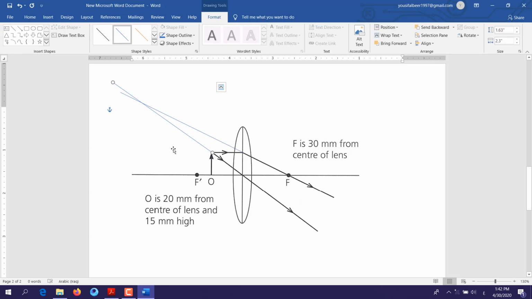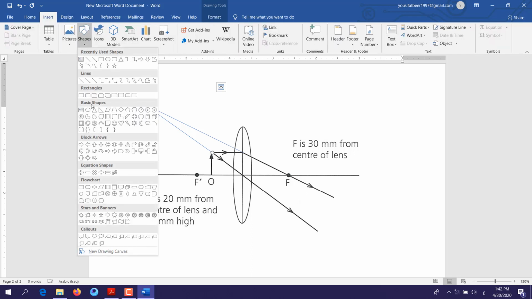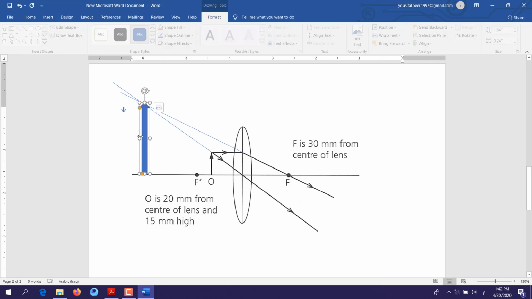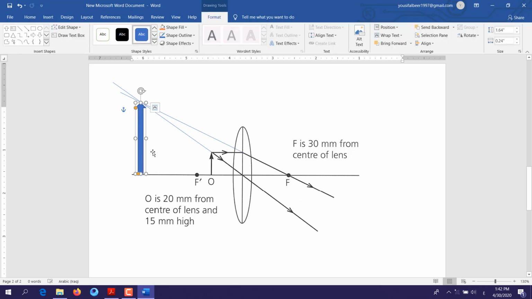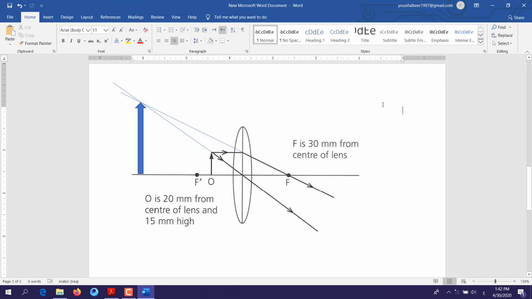As you can see, these 2 straight lines will meet at a point. So this point, what is it? It's the image. This point is the image.